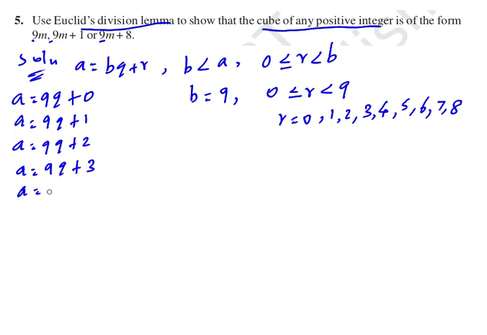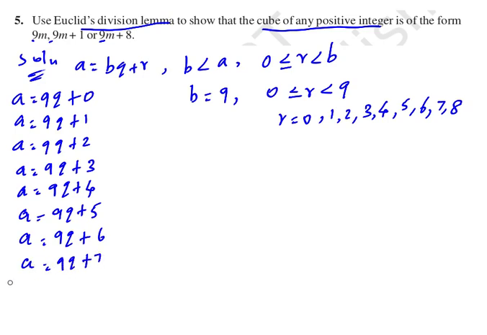A equal to 9q plus 4. A equal to 9q plus 5. A equal to 9q plus 6. A equal to 9q plus 7. A equal to 9q plus 8.